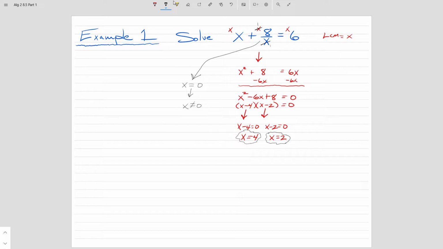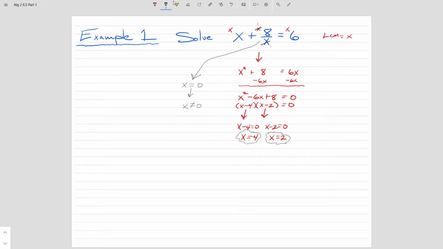If for some reason one of our answers was x equals 0, we would have to cross it off because it wouldn't technically work. Because if we would take these numbers and check them back in the original problem, you'd get divided by 0. So this is mainly what domain restrictions are going to be for, is for finding solutions and knowing which answers can't be actual answers even though they look like it.